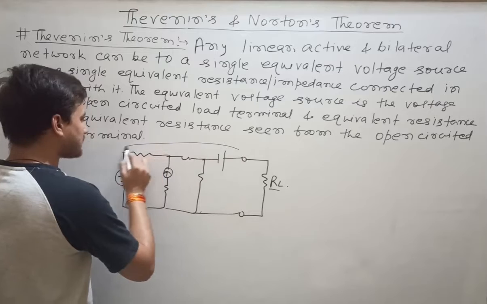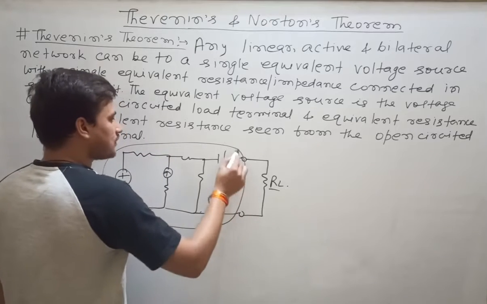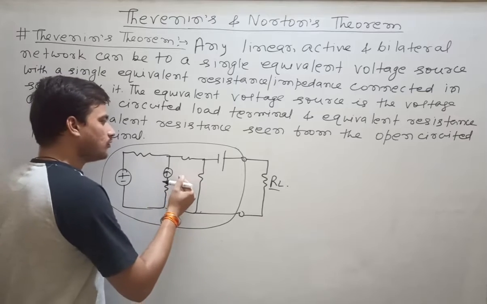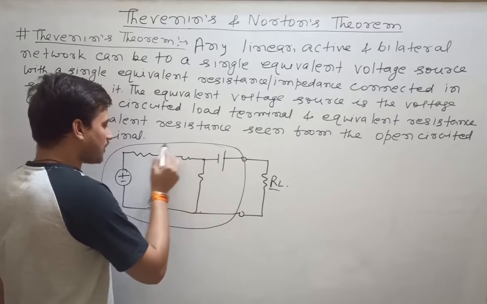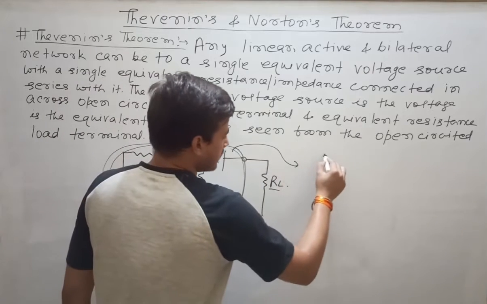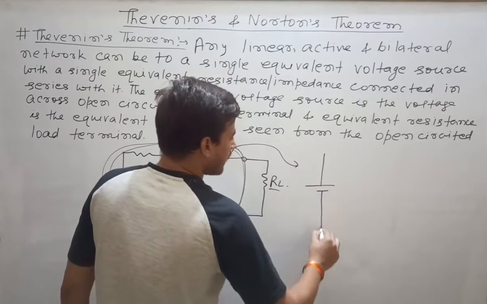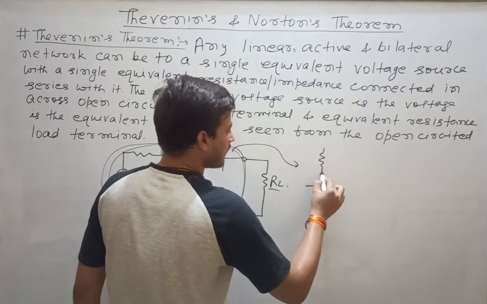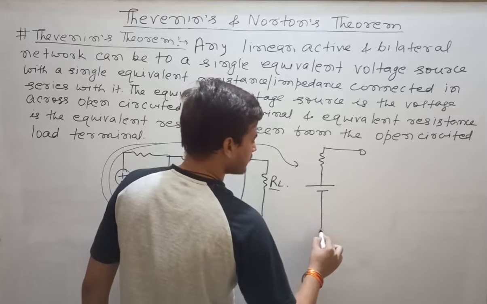This is your complex network. Now Thevenin's theorem says that whatever be the network given to you, you can convert this network into a single equivalent voltage source with an equivalent impedance connected in series with it.